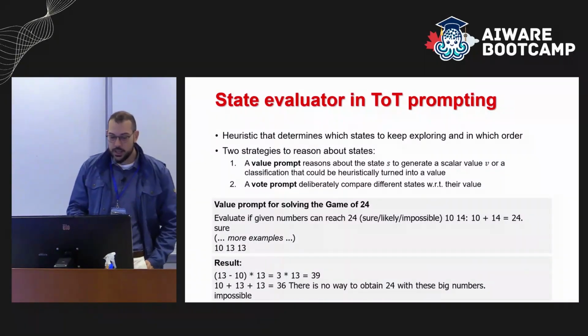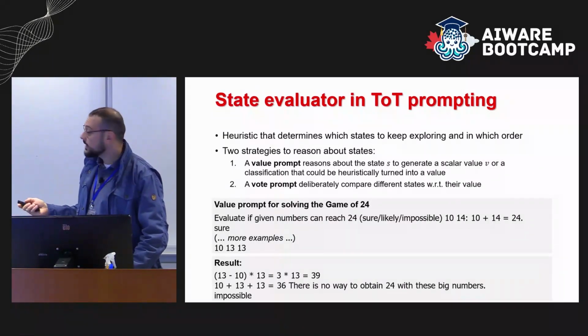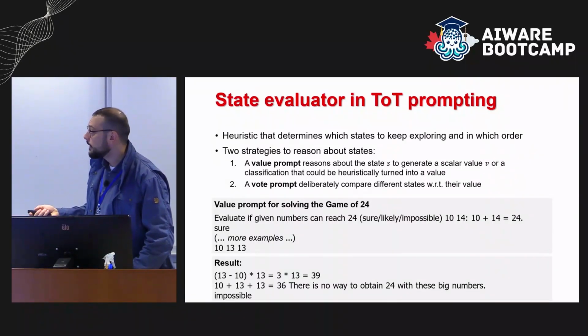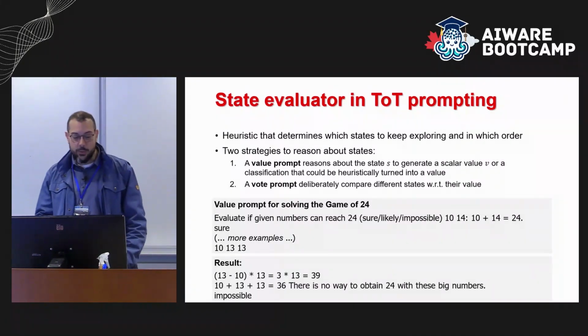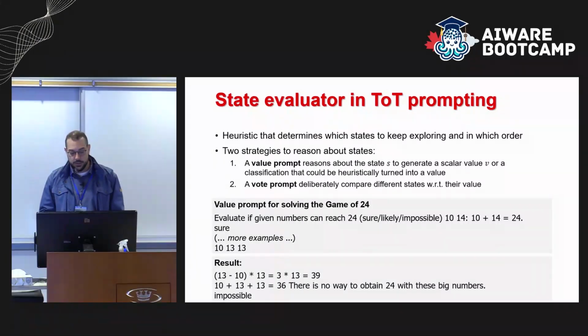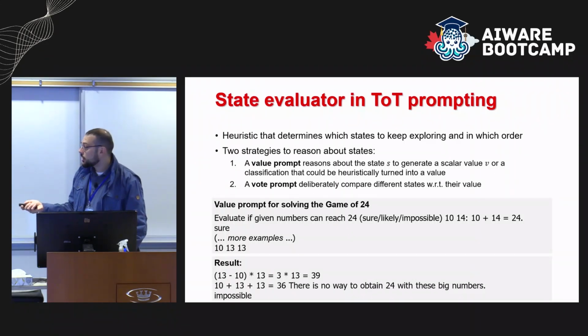So here is an example of a value prompt. It says, evaluate if given numbers can reach 24 with sure, likely, or impossible. These are the three outcomes that the model can produce. For this one, it says sure, because you can definitely arrive at 24 by summing the two numbers.